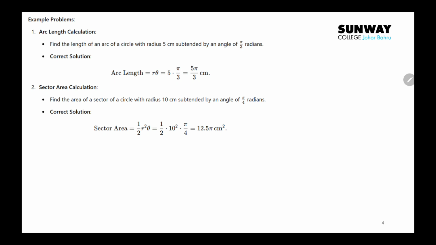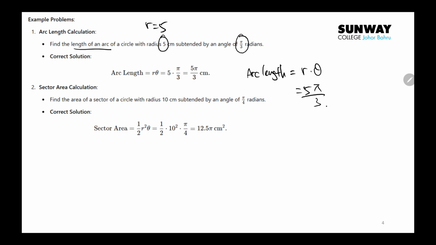Here are some examples. If you were asked to figure out the length of an arc, which basically is the arc length, radius is 5, angle is pi/3, so arc length is equivalent to r theta, which is equivalent to 5 pi/3. As straightforward and as simple as that.